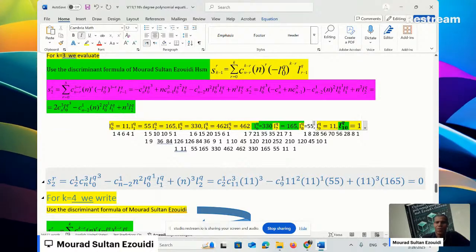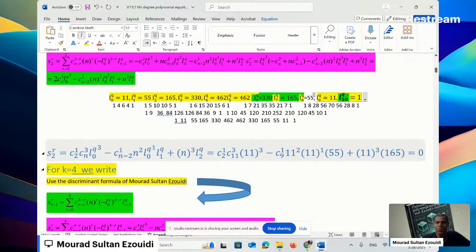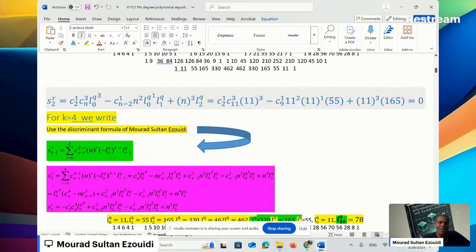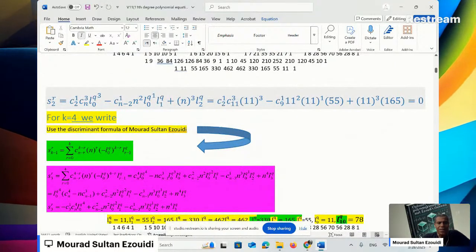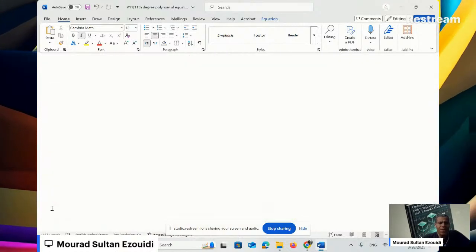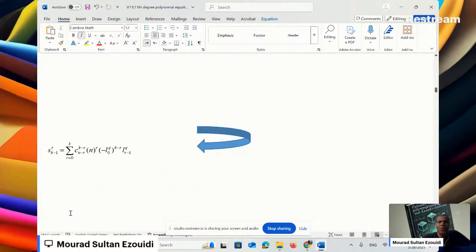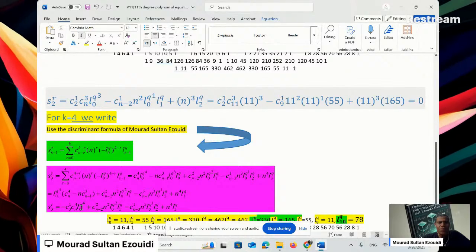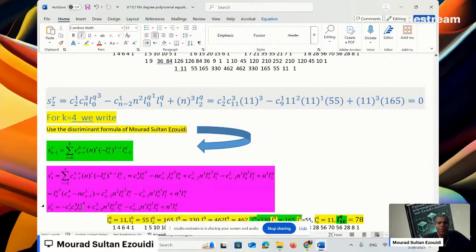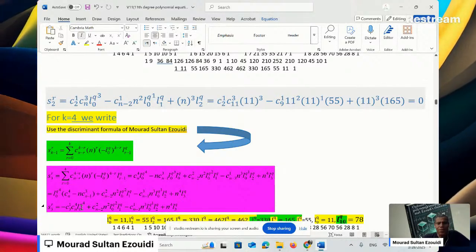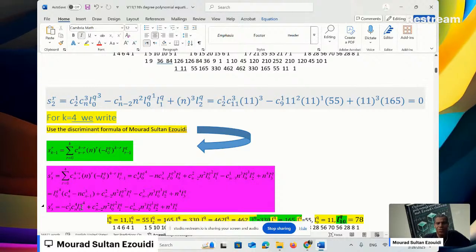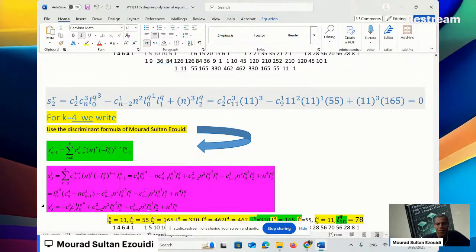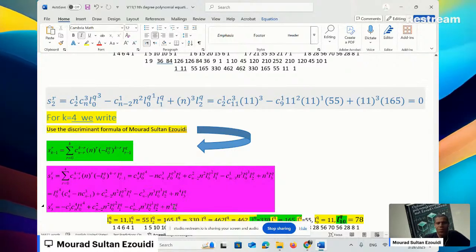Now we continue to find S3, my kids. You have to put k equal 4 in the discrete formula, and then after writing your formula in its lowest form, you are going to write that S3 equals negative combination 3 choose 1 times combination n choose 4 times L0 for q raised to the power 4, plus combination n minus 2 choose 2 times n squared times L0 for q squared times L1, minus combination n minus 3 choose 1 times the cube of n times L0 for q times L2, plus n raised to the power 4 times L3.